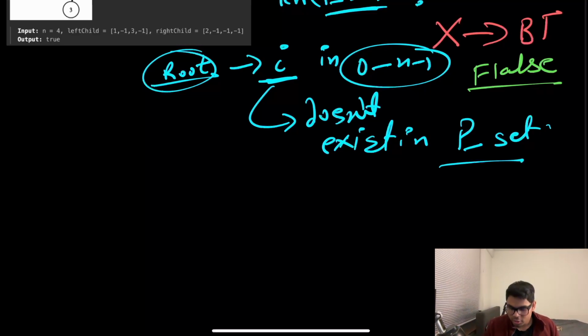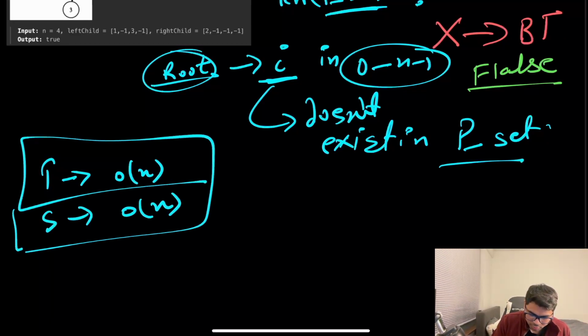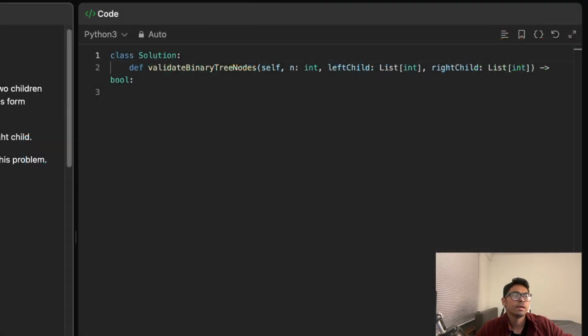All right, that's it. That will be our entire solution, and time complexity would be big O of n, and space complexity big O of n, because we are storing and also traversing just all the n nodes. Maybe doing it twice, thrice, does not matter, but at the end of the day, the time complexity would be big O of n. All right, let's code our solution.